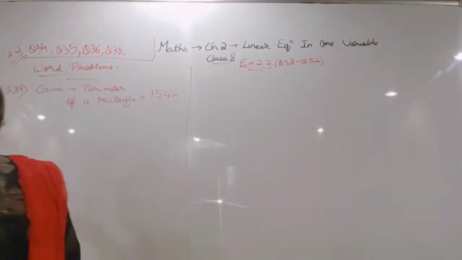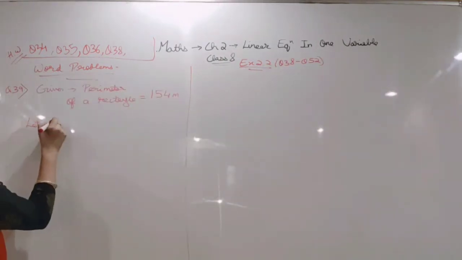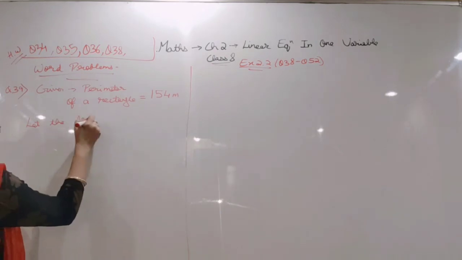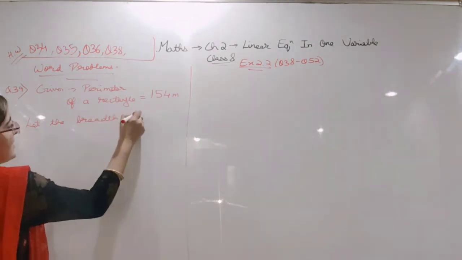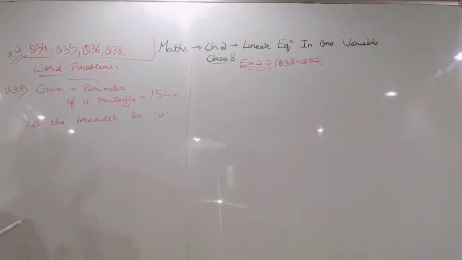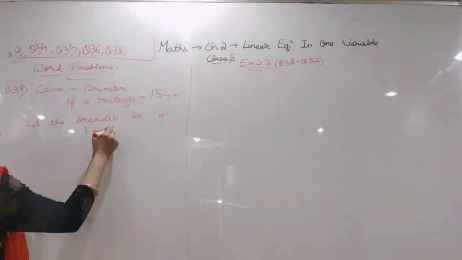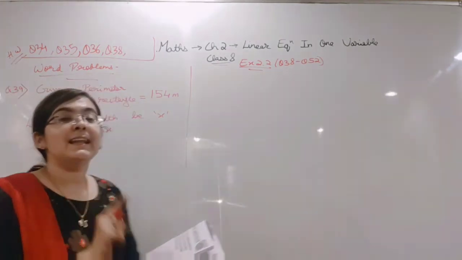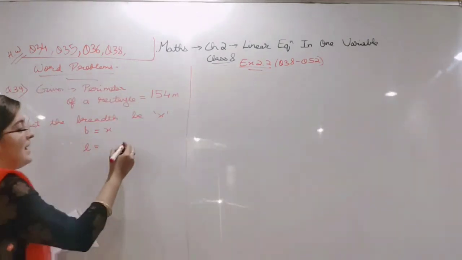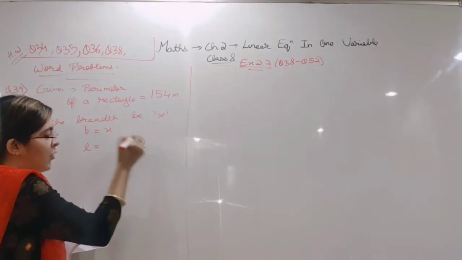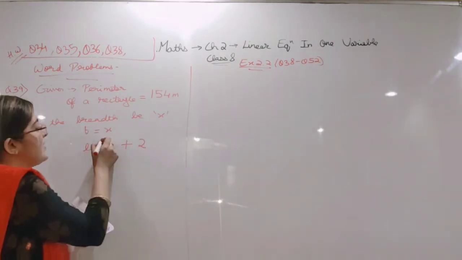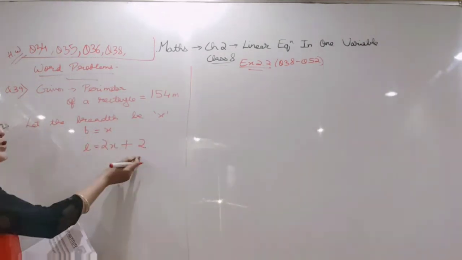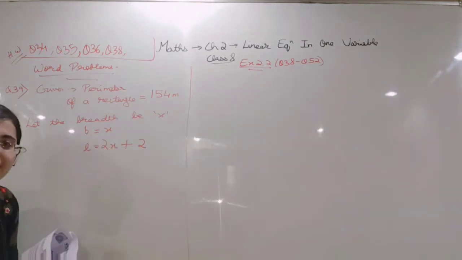Okay, so let us assume that the breadth be x. That means your b is x. Then what's the question saying? Read it carefully. Length is 2 more than twice its breadth.